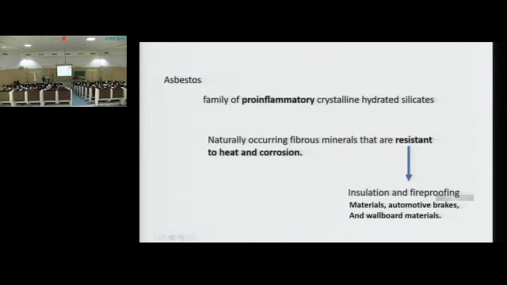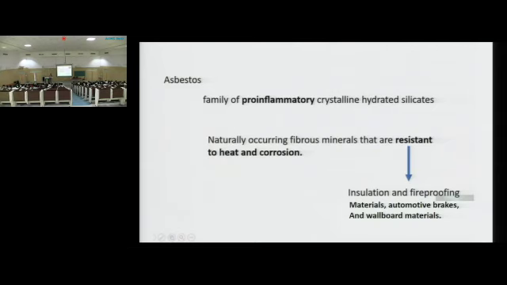So till now we have seen coal workers' pneumoconiosis and silicosis. So moving on to the next entity, asbestosis. Asbestos is a family of pro-inflammatory crystalline hydrated silicates.